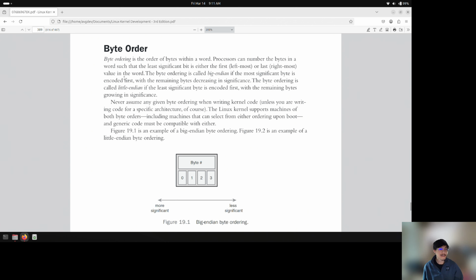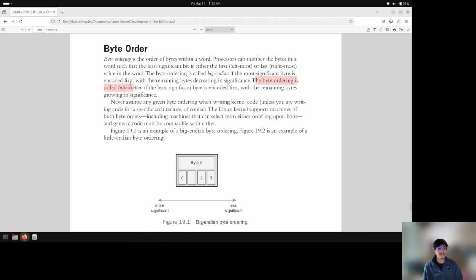So, byte order. Byte ordering is the order of bytes within a record. Processors can number the bytes in a word such that the least significant bit is either the first, leftmost, or last, rightmost value of the word, so endian. The byte ordering is called big endian if the most significant byte is encoded first, with the remaining bytes decreasing in significance.